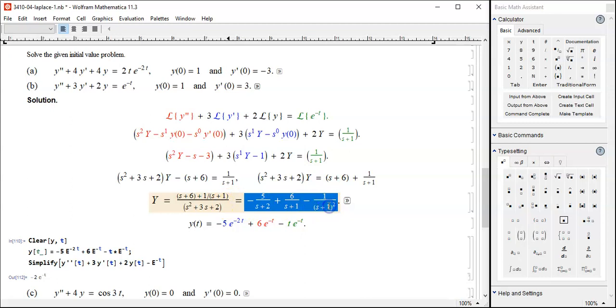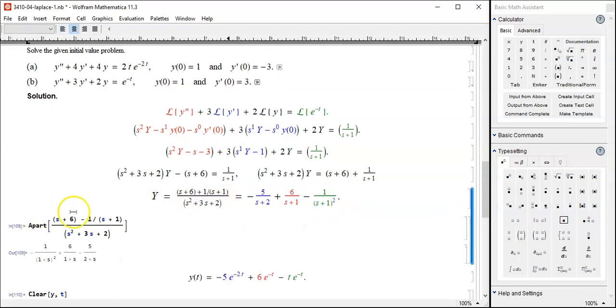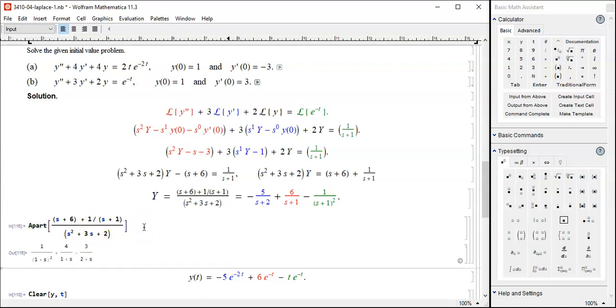And all these are wrong now, so let's correct it. So this one should be plus. So apart from this one, we have a new decomposition by partial fractions. So I have negative 3 over s plus 2, and then 4 over s plus 1, and plus 1 over s plus 1 squared. That's what I get.